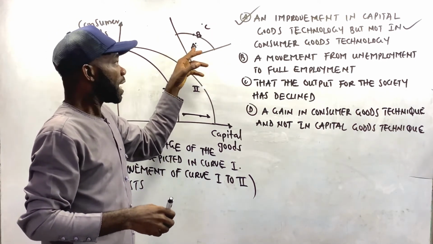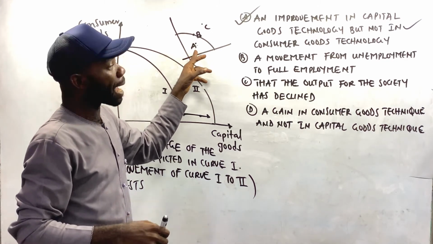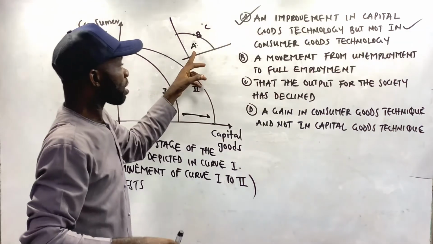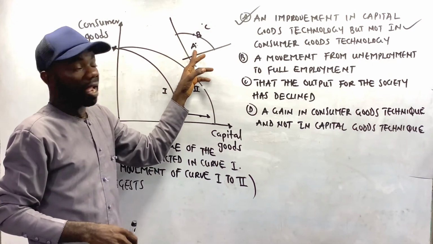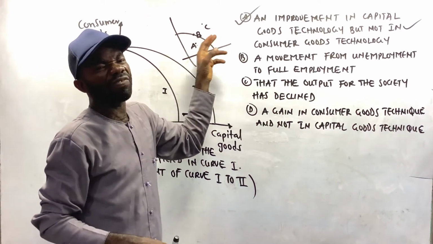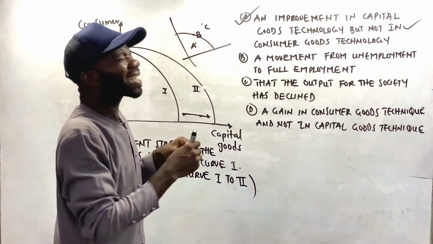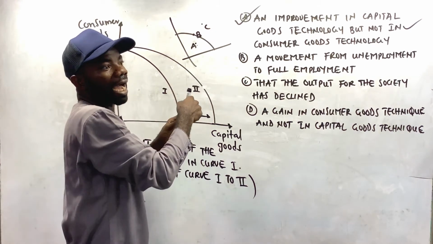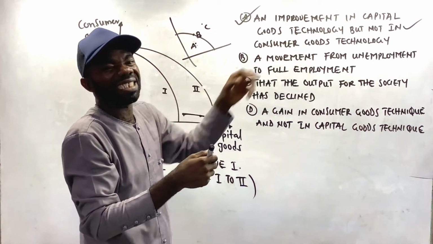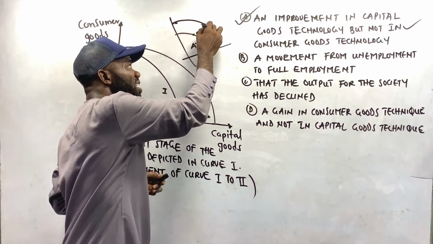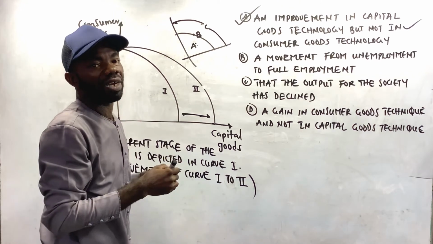Inside the curve, you have underemployment or unemployment. That means we have not been able to use all our resources here. But here we have used our resources. C is not feasible. We cannot produce at this point because our level of technology or resources cannot carry production. Production at C is a different level entirely.